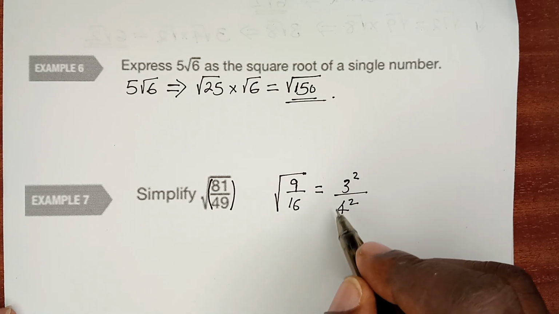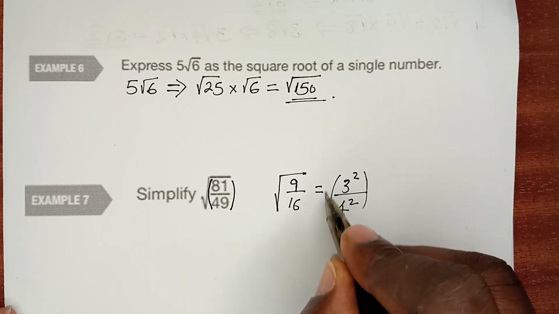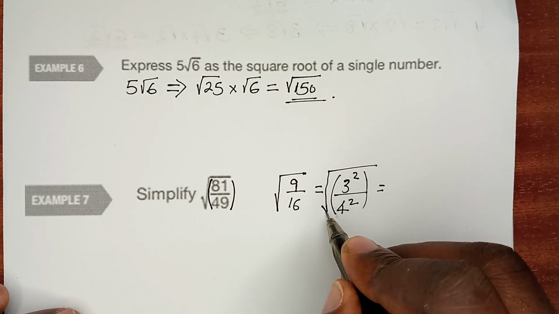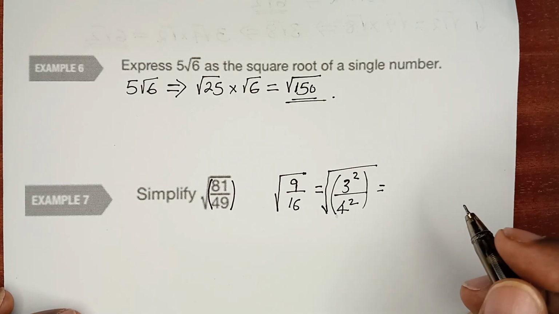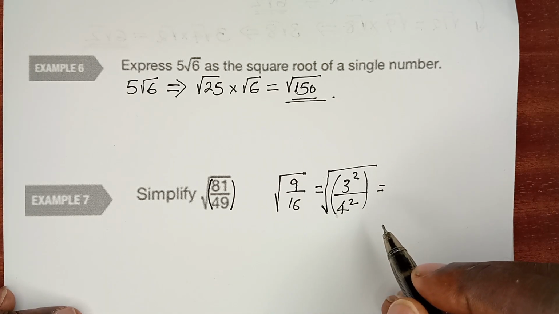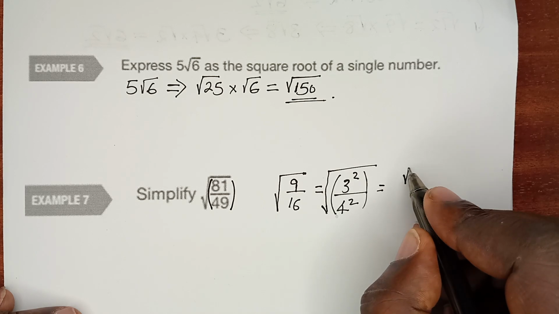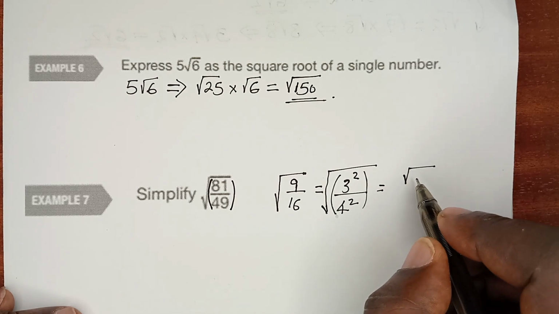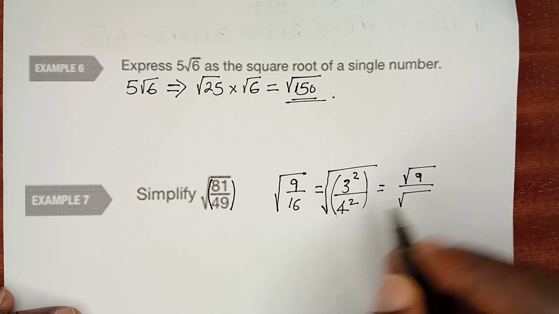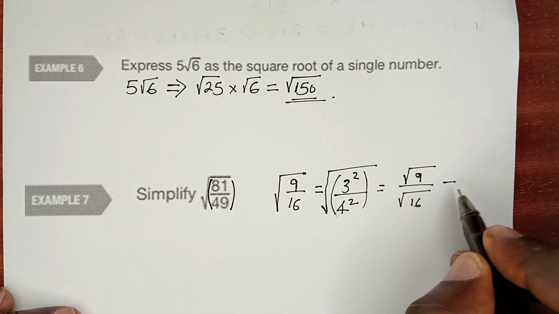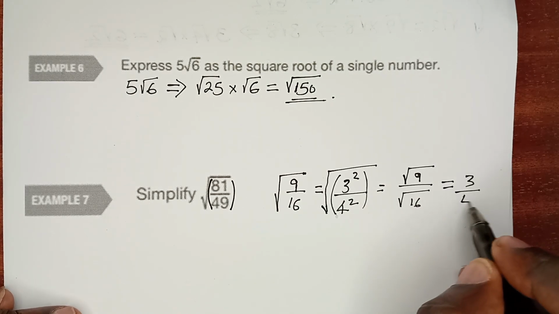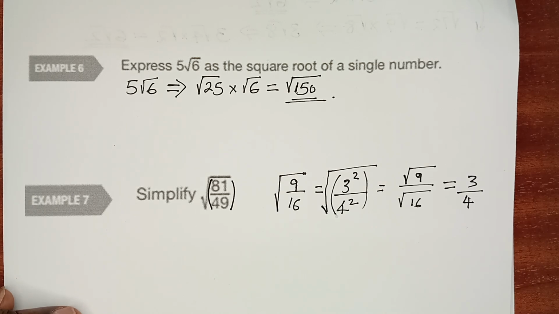The whole of this is under the square root. This is the same as saying the square root of the numerator separately and the square root of the denominator separately. We can easily say the root of 3 squared, which is 9, over the root of 4 squared, which is 16. We know very well the square root of 9 is 3, and the square root of 16 is 4. And that is how it goes.